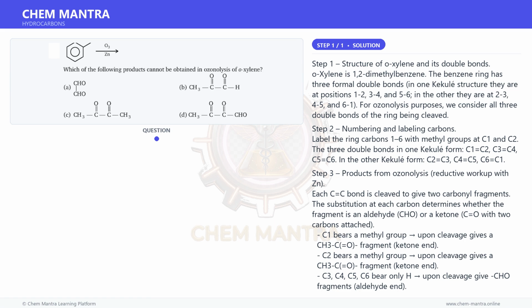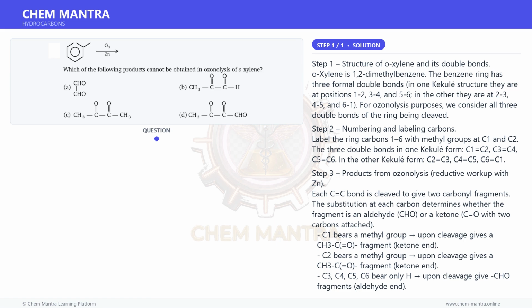Step 4. Possible dicarbonyl fragments from the ring opening. Since the ring is cleaved at all 3 double bonds, the ring opens to give a single open-chain hexanedial type compound, which then further fragments. The adjacent carbons in the ring that are connected give the following paired carbonyl units. From C1=C2 cleavage, CH3CO-COCH3, diacetyl, option C, is possible.